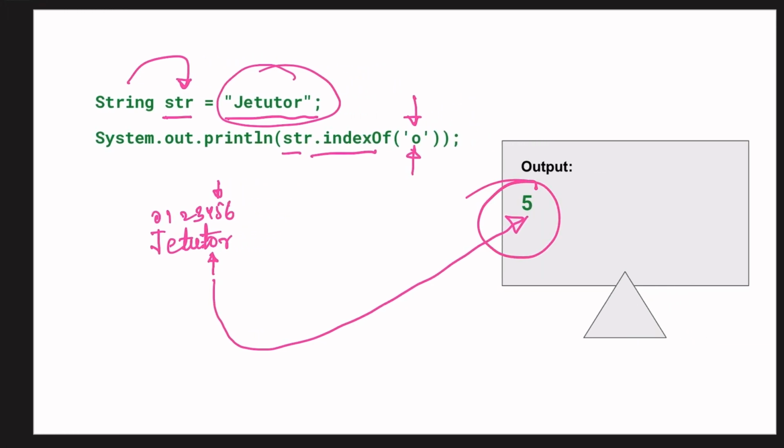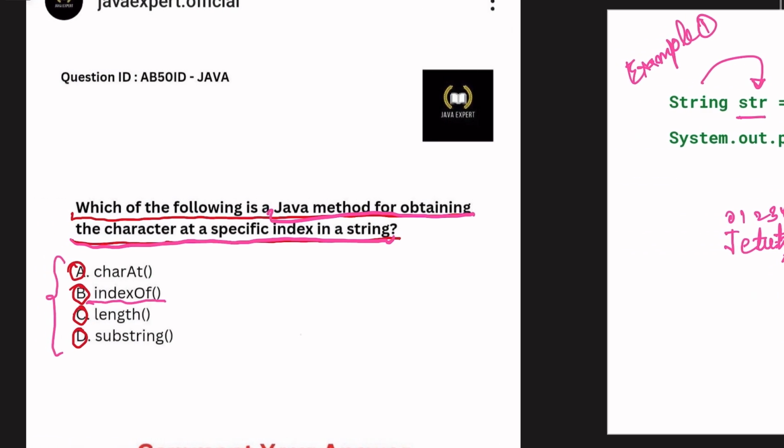So that is why example 1 is wrong. And because of that, option B is wrong. And one more thing, let me clear here why it is incorrect. It tells you where a character is, but it doesn't return the character itself. So that is why option B is wrong.